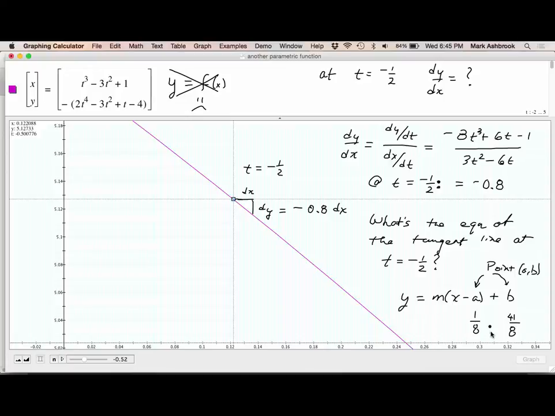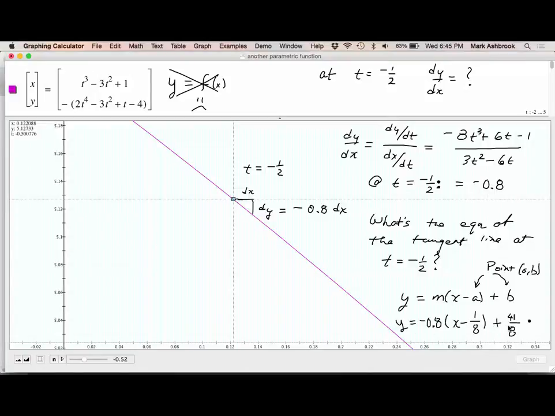Let's see. Heidi. So what else do we need then to write this equation? Okay, which is our negative 0.8. So we got our negative 0.8 times x minus an eighth, and we can leave it just like that.